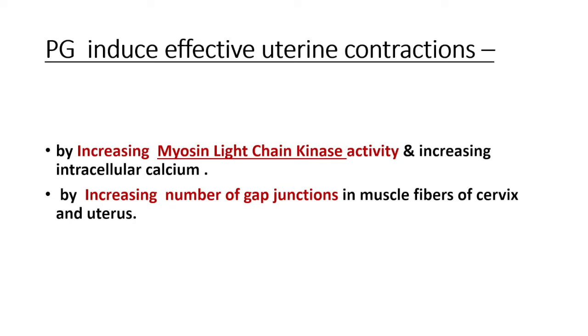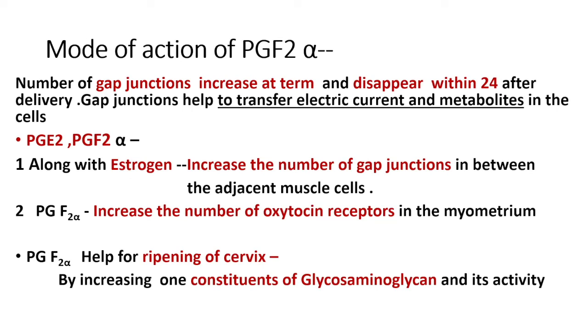Prostaglandins induce effective uterine contractions by increasing the myosin light chain kinase activity and by increasing the intracellular calcium. Prostaglandins also increase the number of gap junctions in the muscle fibers of the cervix and the uterus, thus causing ripening of the cervix and initiation of uterine contractions.